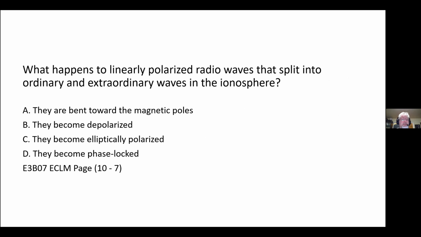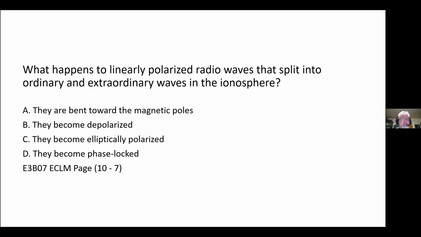What happens to linearly polarized radio waves? It reads so much easier when I'm just reading. What happens to linearly polarized radio waves that split into ordinary and extraordinary waves in the ionosphere?